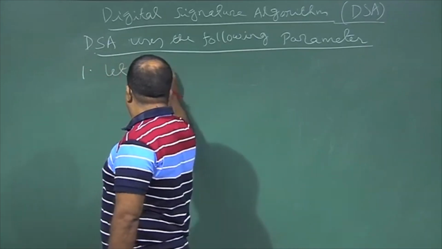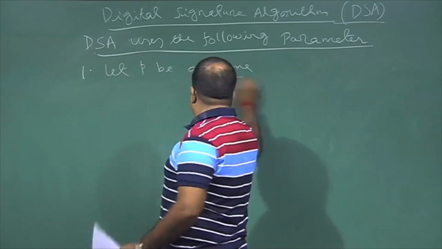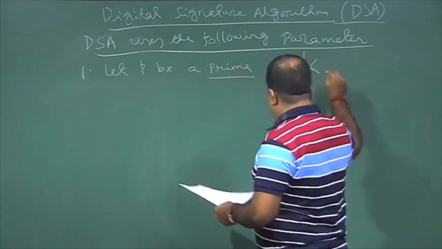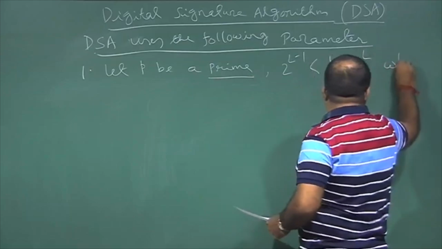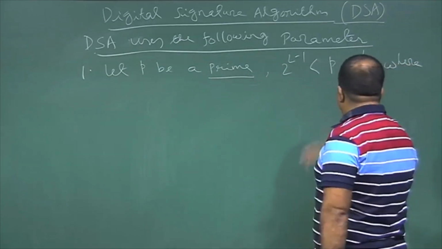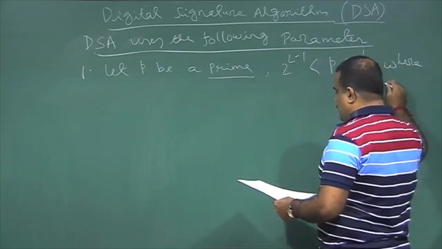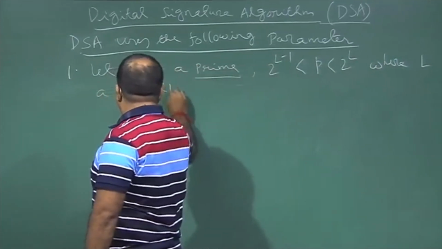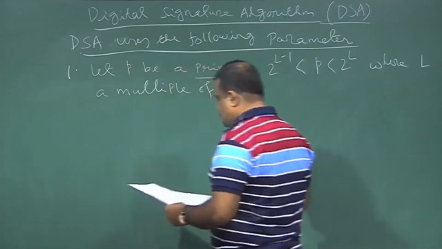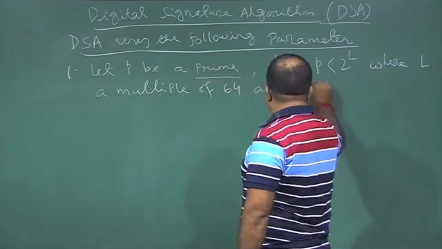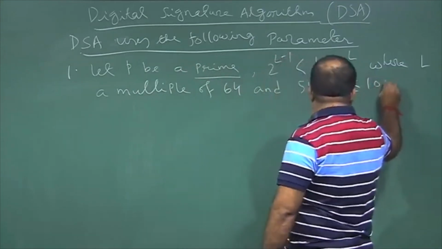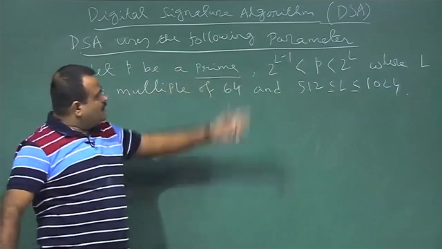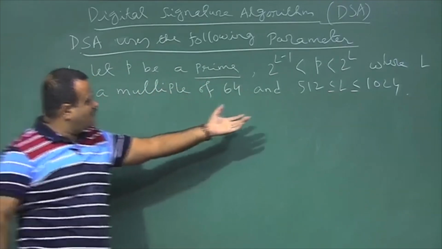Let p be a prime such that 2 to the power L minus 1 is less than p, which is less than 2 to the power L, where L is the number of bits. L is a multiple of 64, and L is taken from the range 512 less than or equal to L less than or equal to 1024. So p is a large prime, an L-bit prime, and L is a multiple of 64.